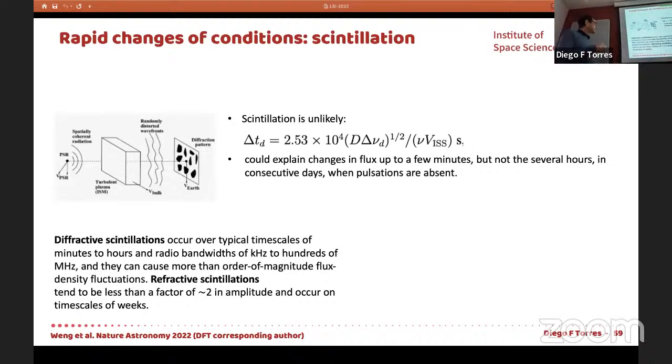And refractive scintillation could explain disappearance for a few weeks, but by a factor of 2 or 3, not just from 22 sigma to 0. So this is probably not the explanation.